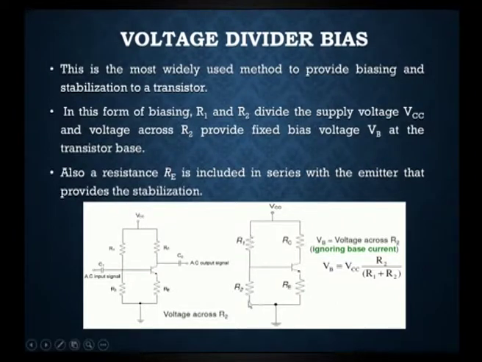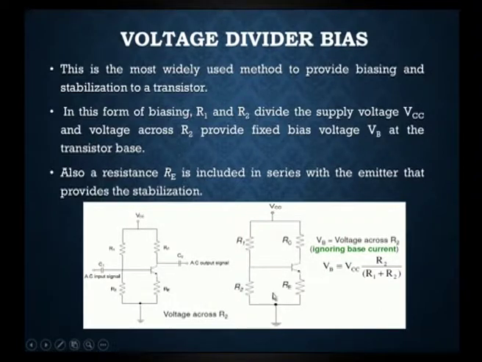If we consider this circuit separately, the voltage across R2 is what we need, that is VB, the base voltage. So VB is equal to the voltage across R2.